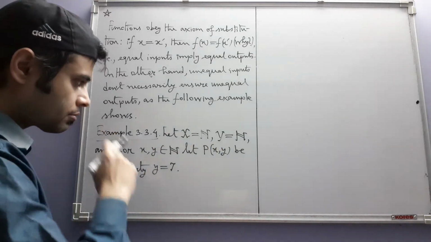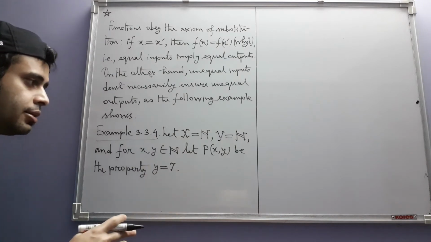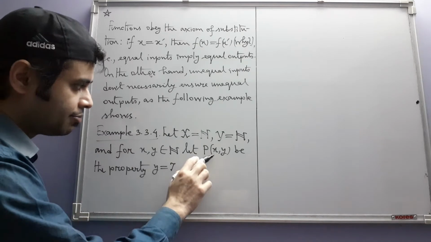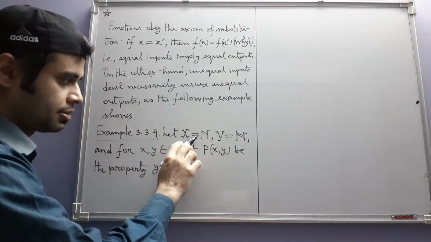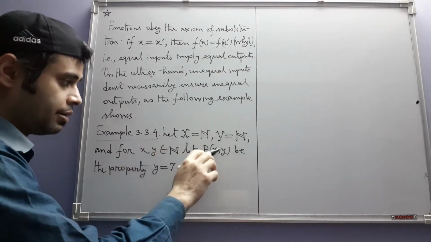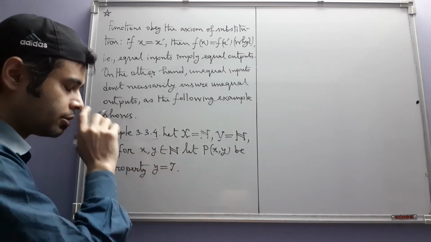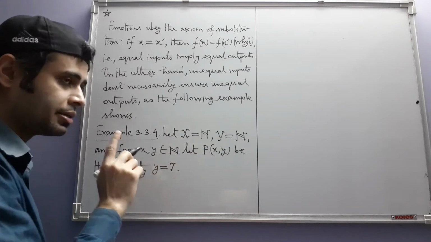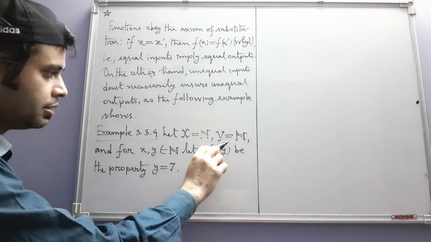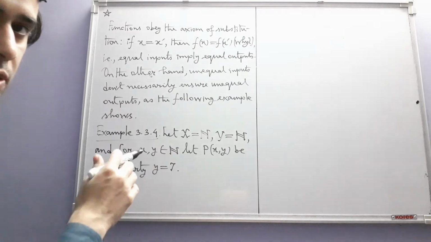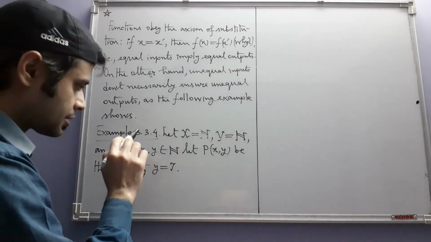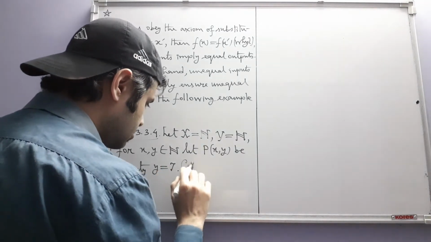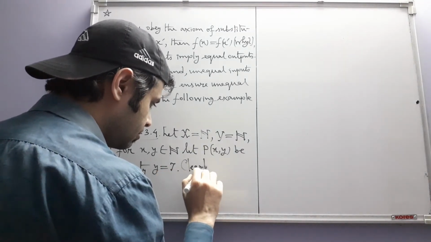Okay, so this is our property P(x, y). To see that this property is capable of creating a function, we have to check that for every element x in X, there must be exactly one element y in Y. In our case, X and Y are same. In general, they may not be same, such that this property is true, which in this case is clear.